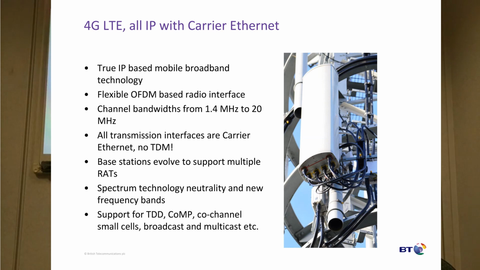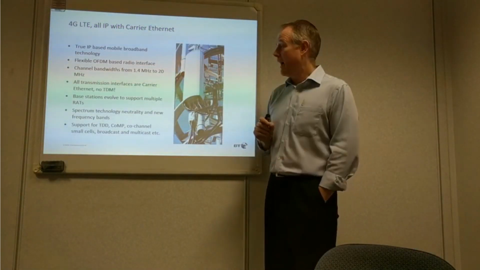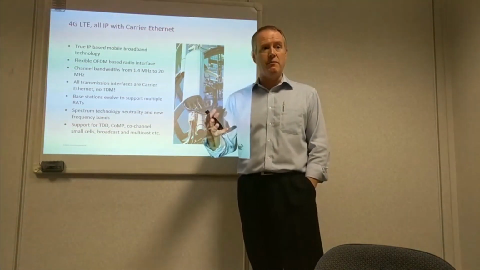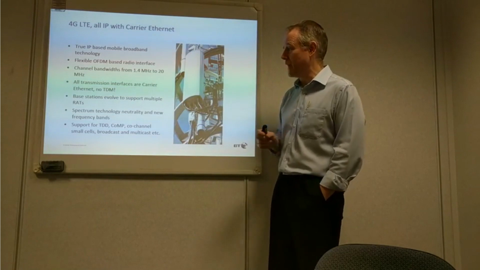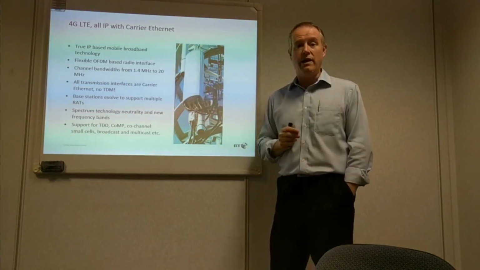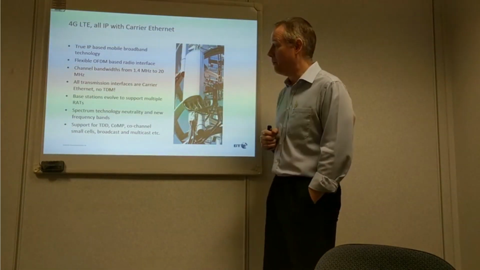But the key point now is that all transmission interfaces are carrier Ethernet. I use the term carrier Ethernet to differentiate from Ethernet as we would know it in the LAN environment today. There's lots of bells and whistles that we add into Ethernet to support transmission over the wide area network in this way. This is based upon the work of the MEF, the Metro Ethernet Forum.